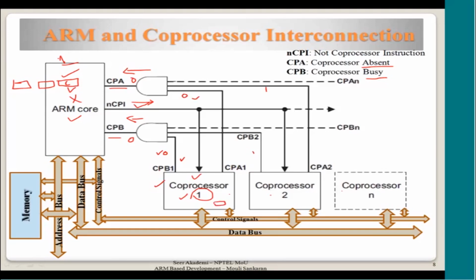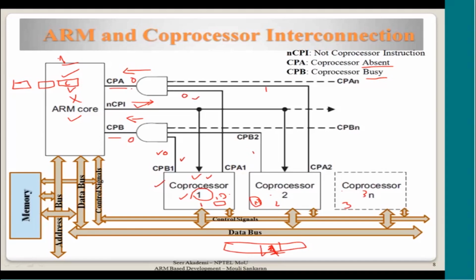That means each coprocessor has its own ID embedded into it. It may be some hardwired ID. So this one will have 2, this will have 1, and maybe we will assume that this is 3. Only when it encounters a coprocessor instruction whose CPID matches its own ID, 1 or 2 or whatever, will it pick it up, and then based on that it will drive the signal: I am not busy now, and I am not absent, I am present.